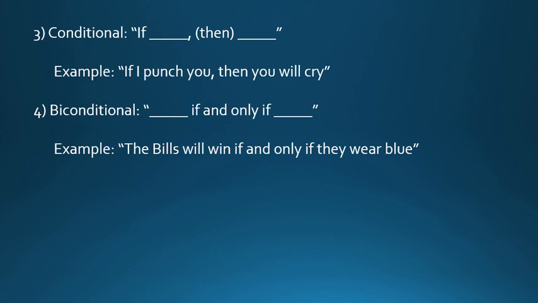An example of this is, the Bills will win if and only if they wear blue. Either the Bills win or they don't, and either the Bills wear blue or they don't. Again, two simple statements, objectively true or false on their own, connected by the if and only if.